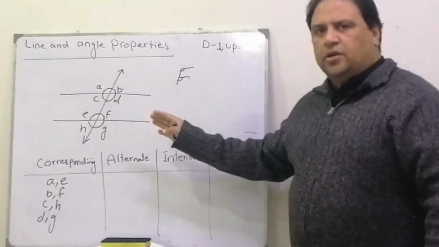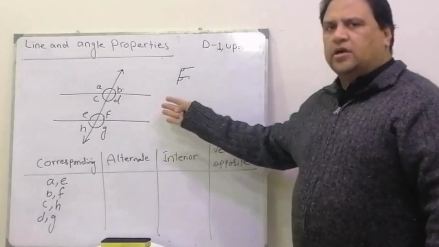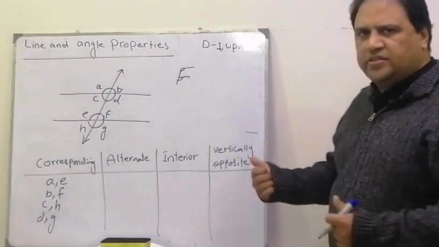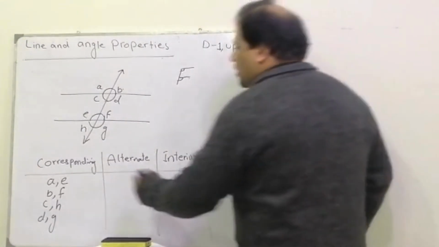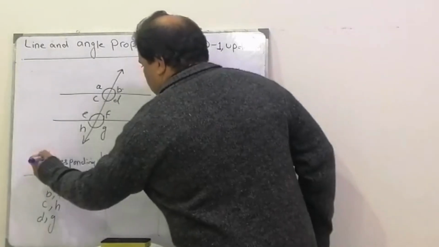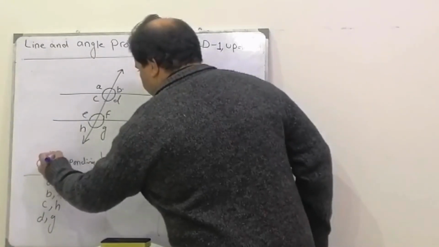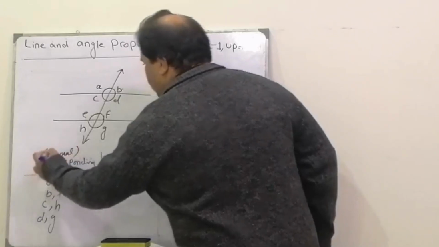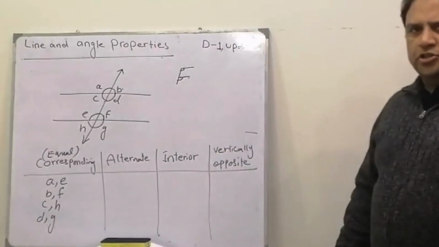In this situation, these two angles are known as corresponding angles. And when we say that two angles are corresponding, it means that they are equal to each other.